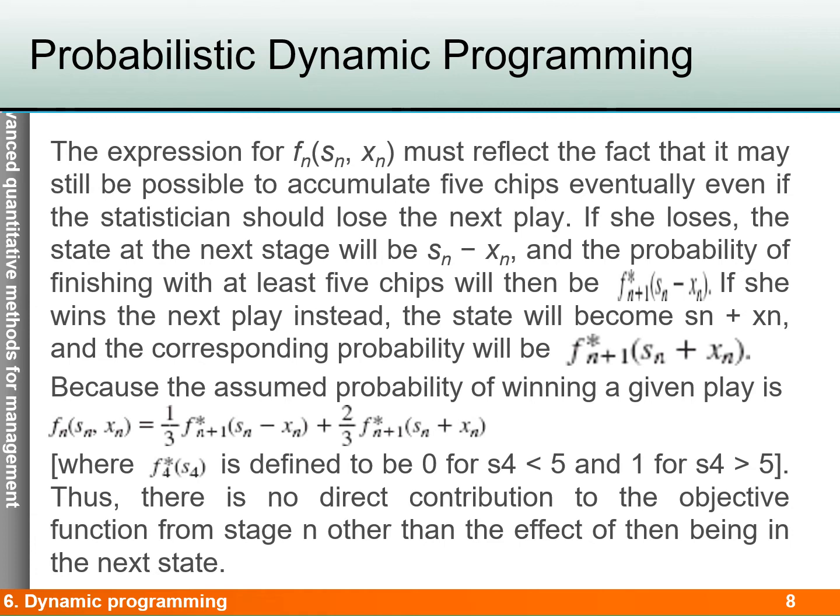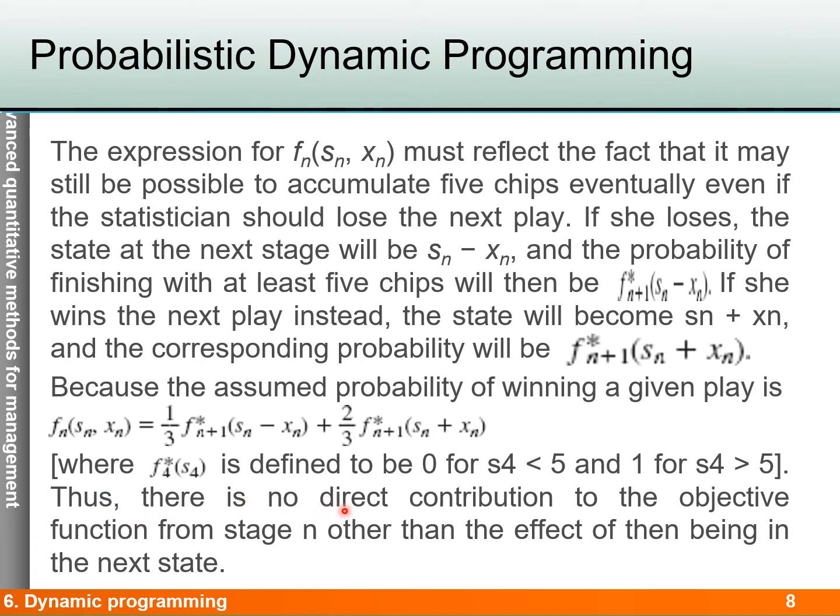So fn(Sn, Xn) will be 1 divided by 3 multiplied by fn+1*(Sn minus Xn), the losing part that we found here, plus 2 divided by 3 multiplied by fn+1*(Sn plus Xn), the winning part, where f4*(S4) is defined to be 0 for S4 less than 5 and 1 for S4 greater than or equal to 5. We'll see the meaning of these items.